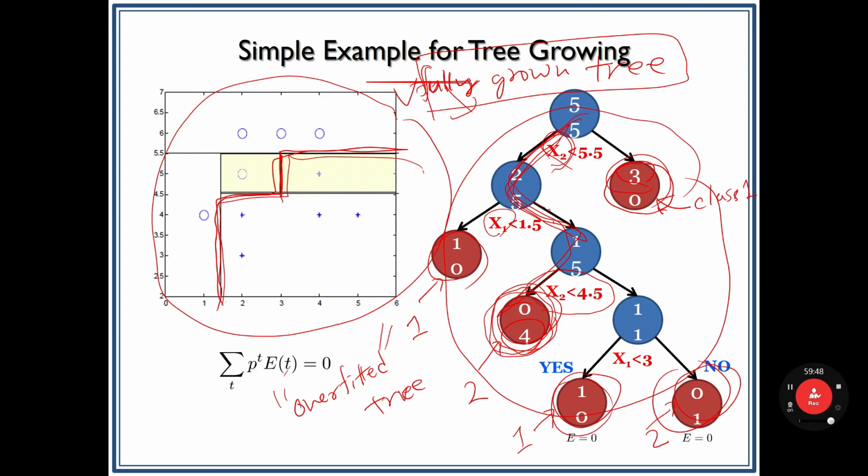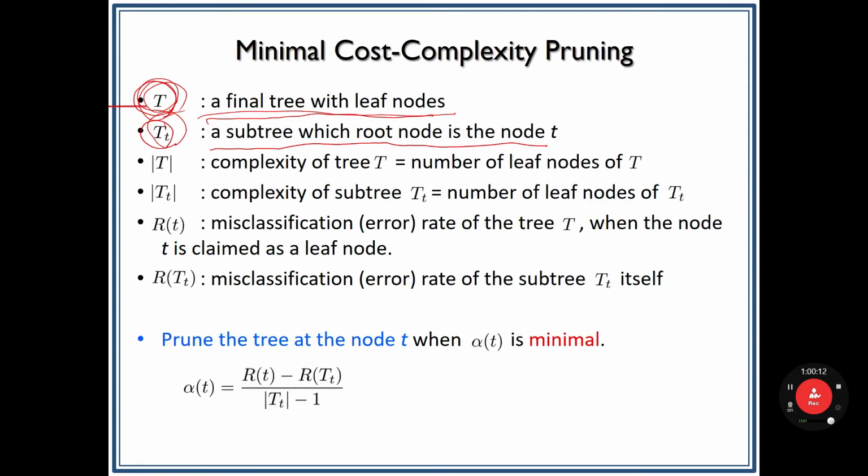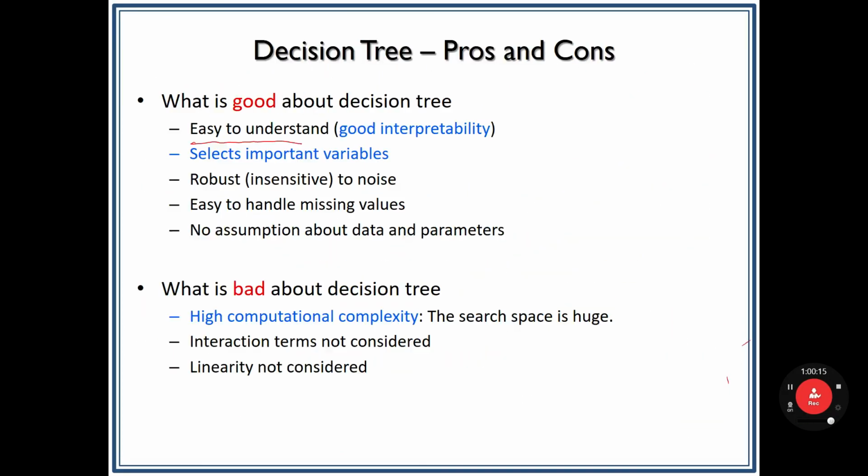Then by interpreting the grown tree, we can get some knowledge from the tree about what kind of properties of a product will make a defective or well-functioning product. We can make a prediction. No, I'm sorry. We can make interpretation. We can make interpretation based on the grown tree. Okay, so a tree is an interpretable technique, and it selects important variables.